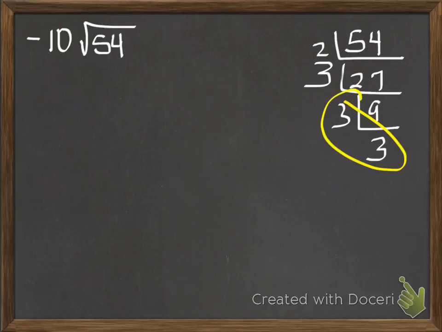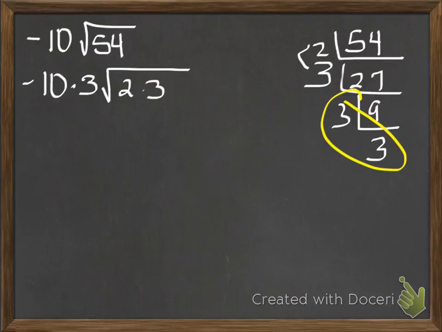And so we have negative 10 times my set of 3's. But what's left behind is this 2 and 3. So 2 times 3 is going to be left under my radical. And so we have negative 10 times 3, which is negative 30, and the square root of 6.